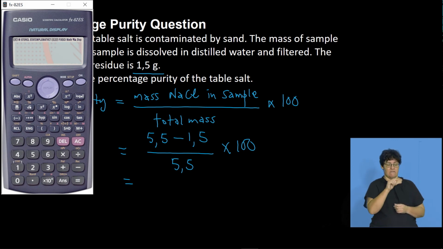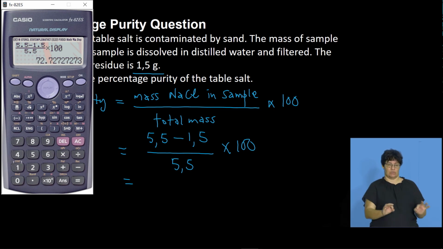We can even punch it straight into the calculator: 5.5 less the mass of the impurity, which is 1.5, divided by the total mass, which is 5.5. We multiply that by 100. Then this will definitely give us the percentage purity.